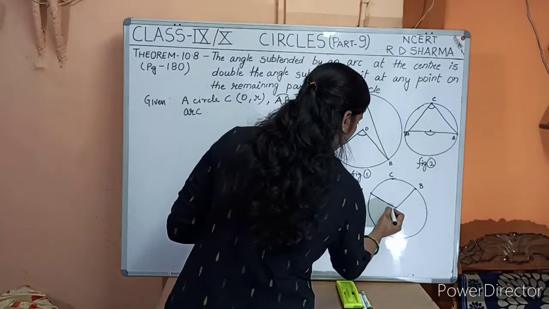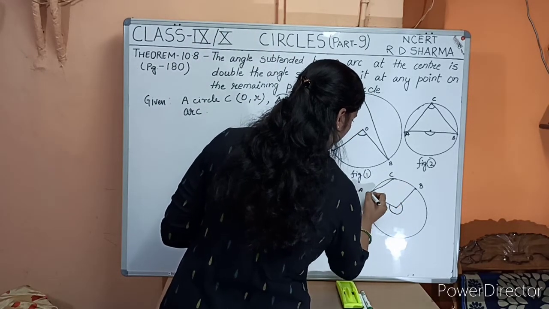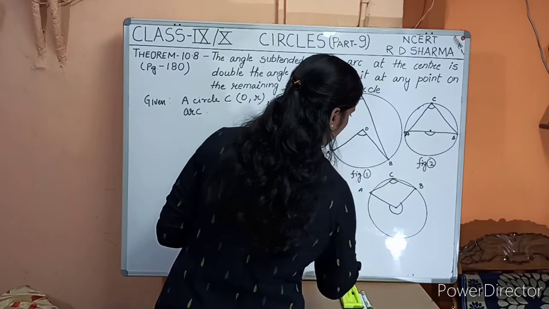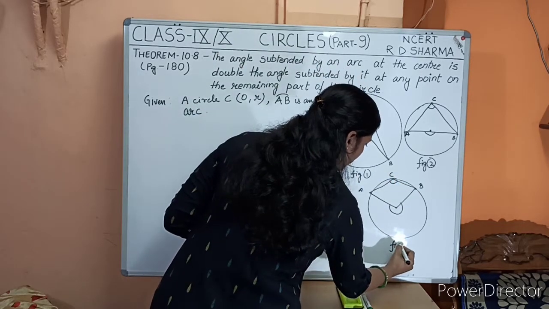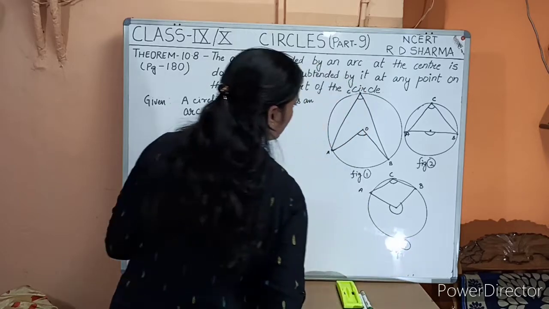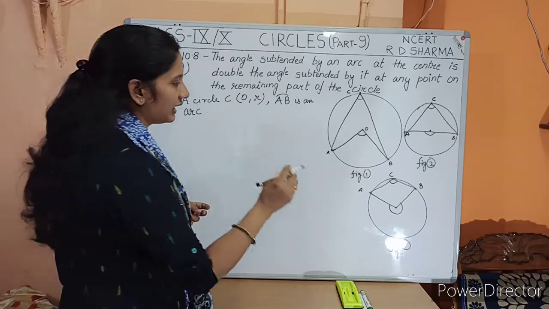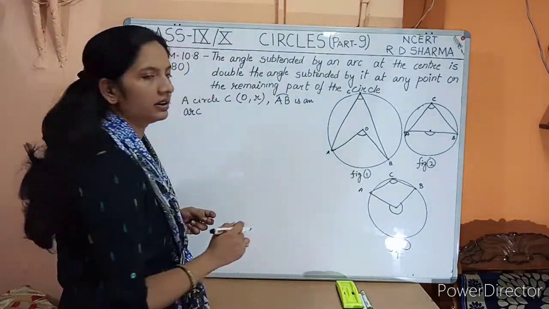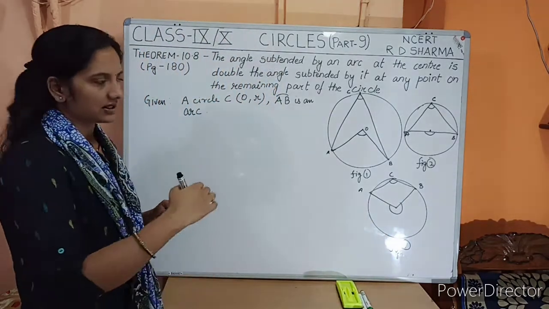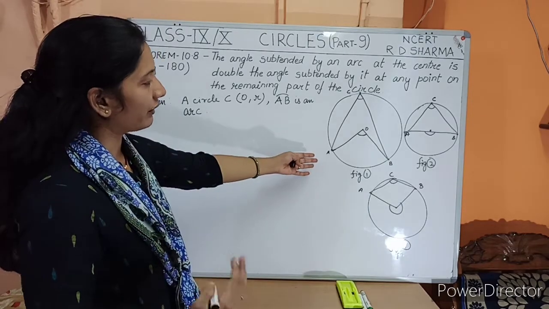So at that time this reflex angle is going to be double this angle. In figure 3 we need to prove that thing. Basically the proof will go the same for all three figures, but a little bit of change would be there for figure 3, which I will discuss after the explanation.